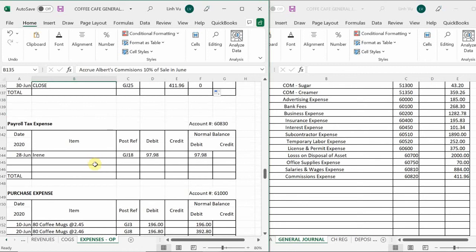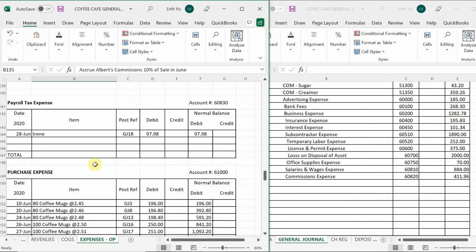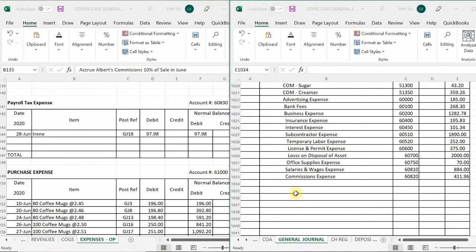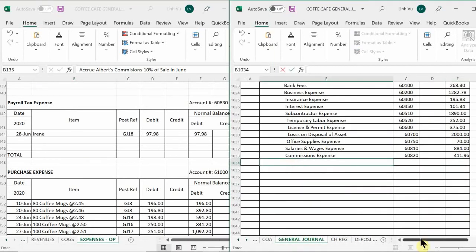We got payroll tax expense for a total of $97.98.